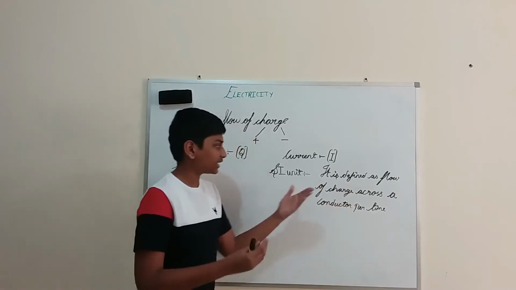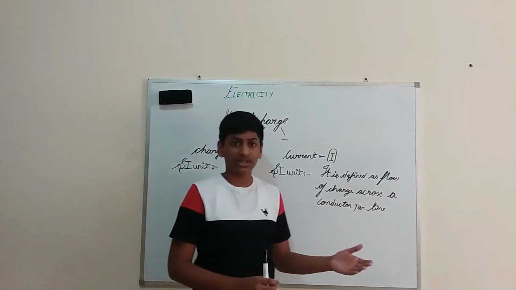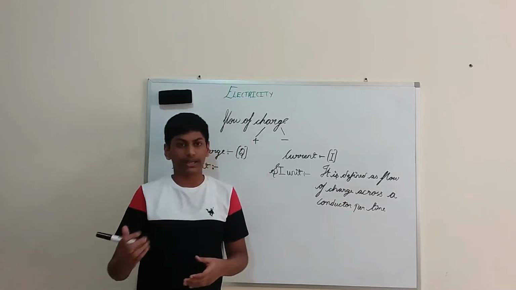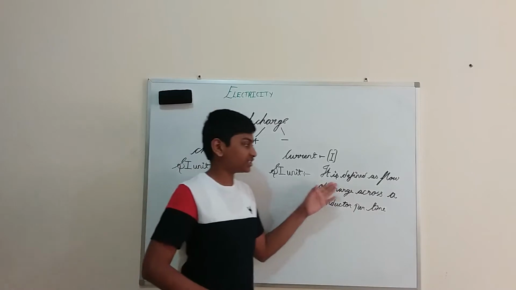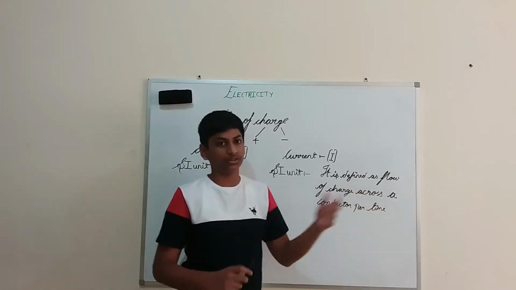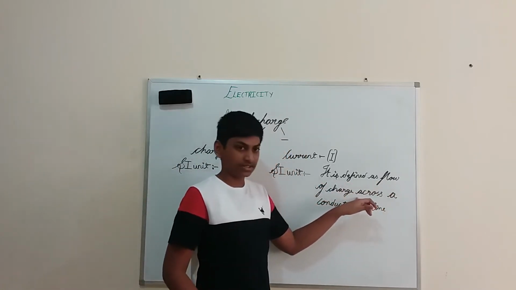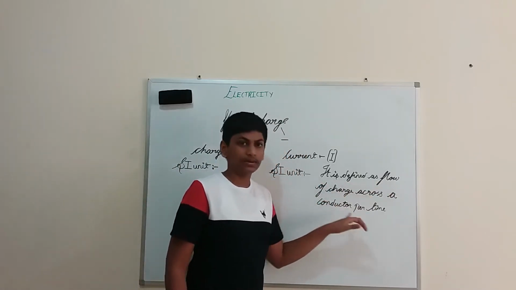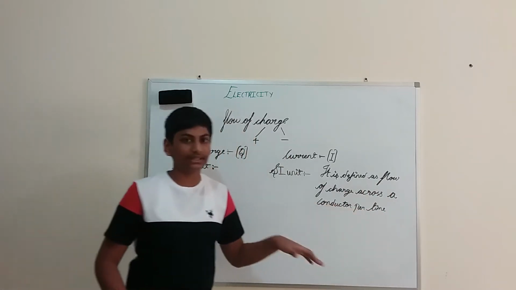Now let's define current. What is a current? It is defined as a flow of charge across a conductor per time. So the definition itself derives the formula. If you read the definition once more, you can take the formula from the words. Per time means the time is in the denominator.